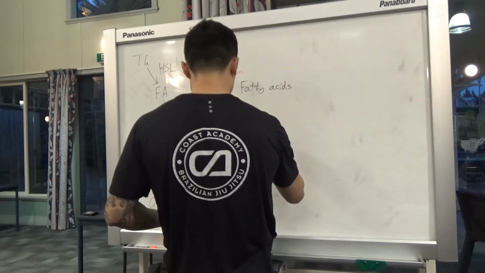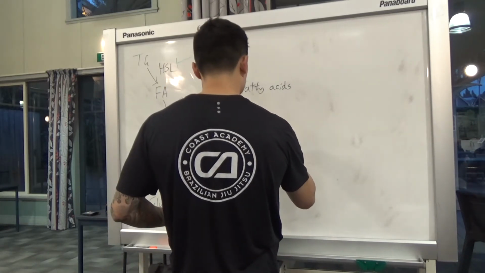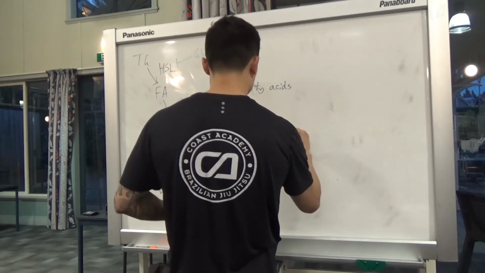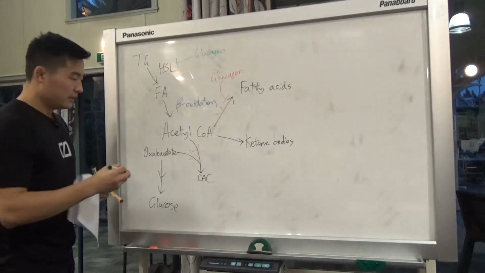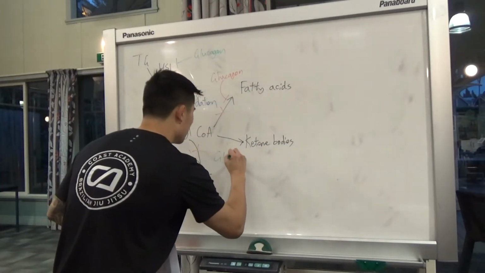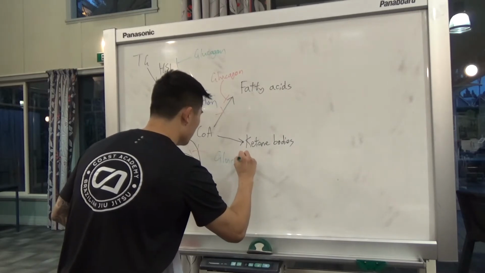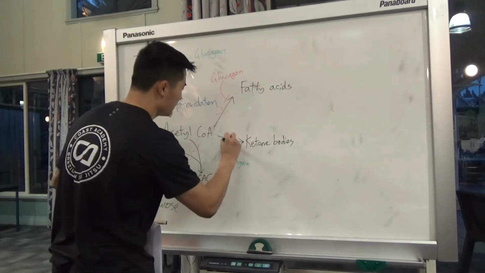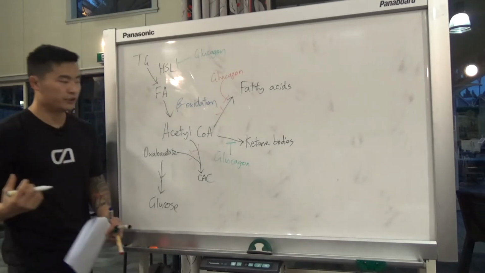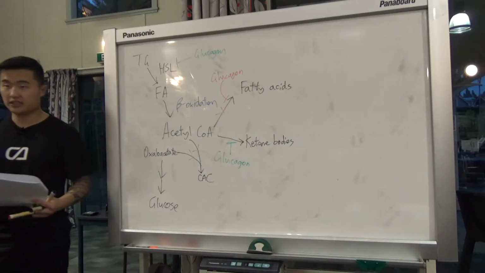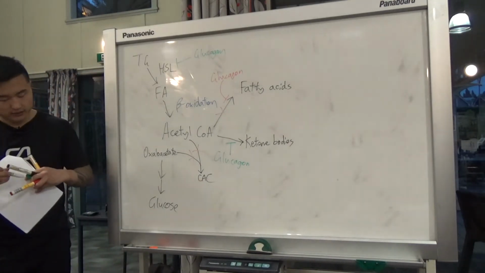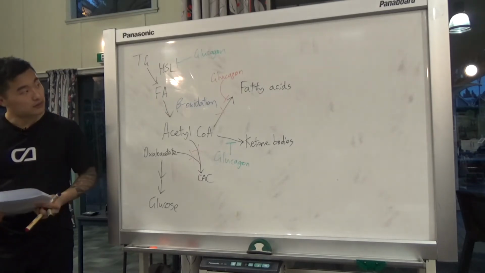So it will be converted into ketone bodies. And glucagon, right? So glucagon is going to stimulate the production of ketone bodies, right?